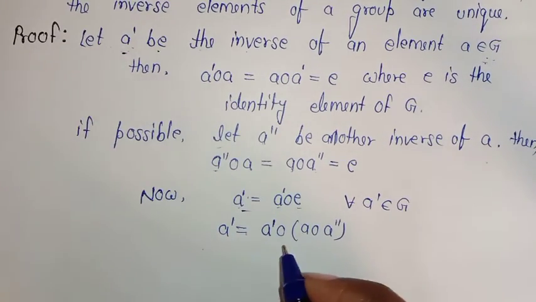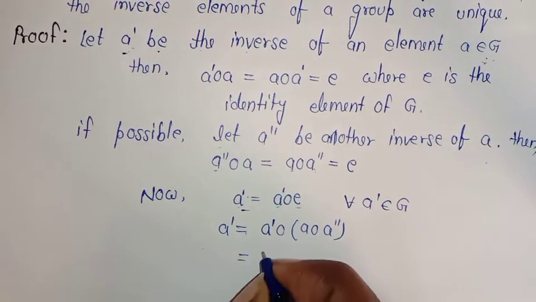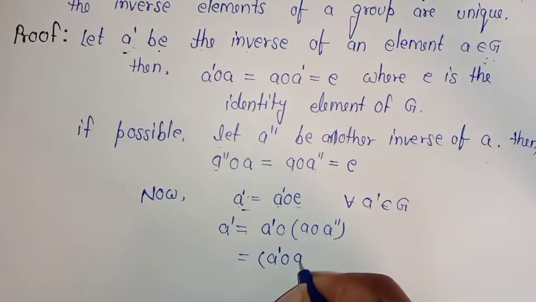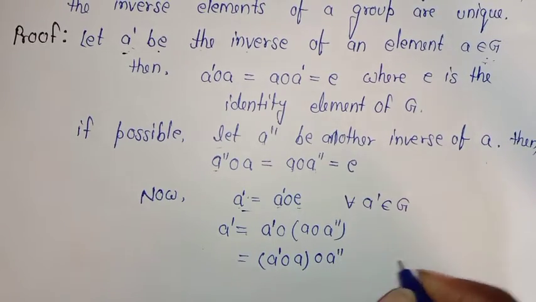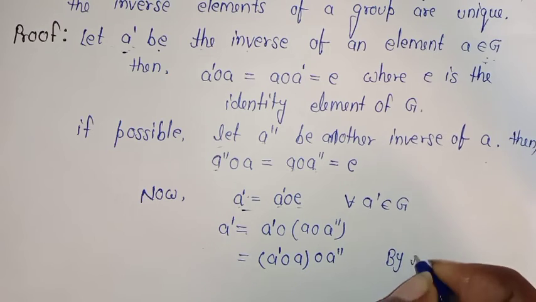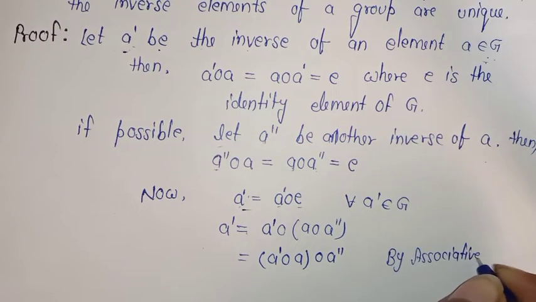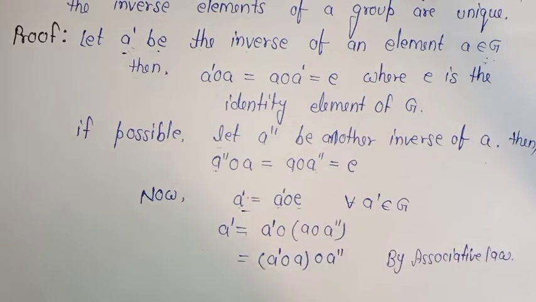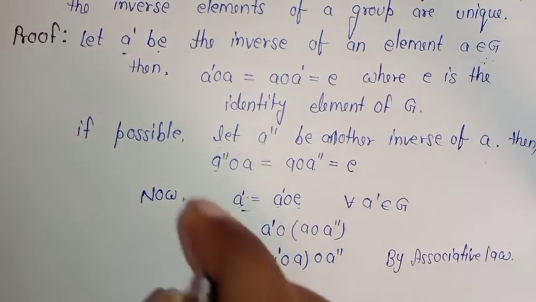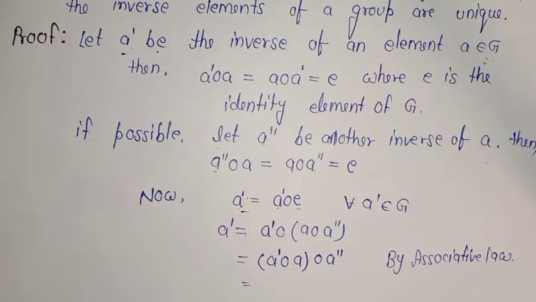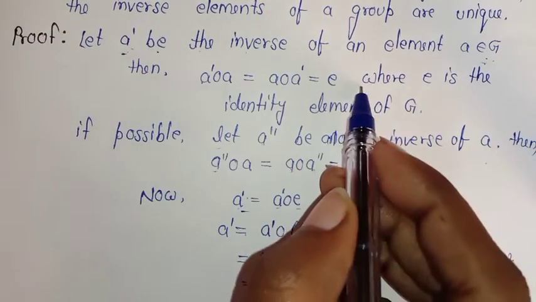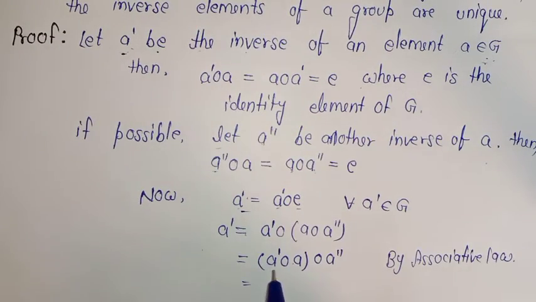Now if I use the associative law, it becomes (A' operation A) operation A''. Here we write by associative law. Now A' operation A is equal to identity, so we can use identity here.